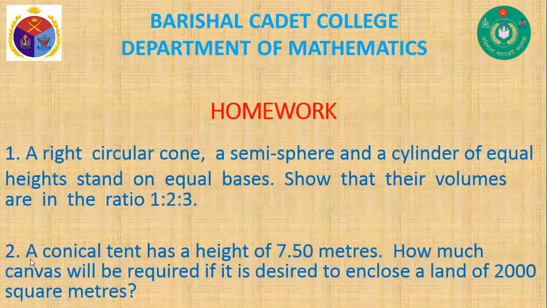And the second one is: a conical tent has a height of 7.50 meters. How much canvas will be required if it is desired to enclose a land of 2000 square meters? I hope all of you will solve this homework and also the related topic from your textbook.